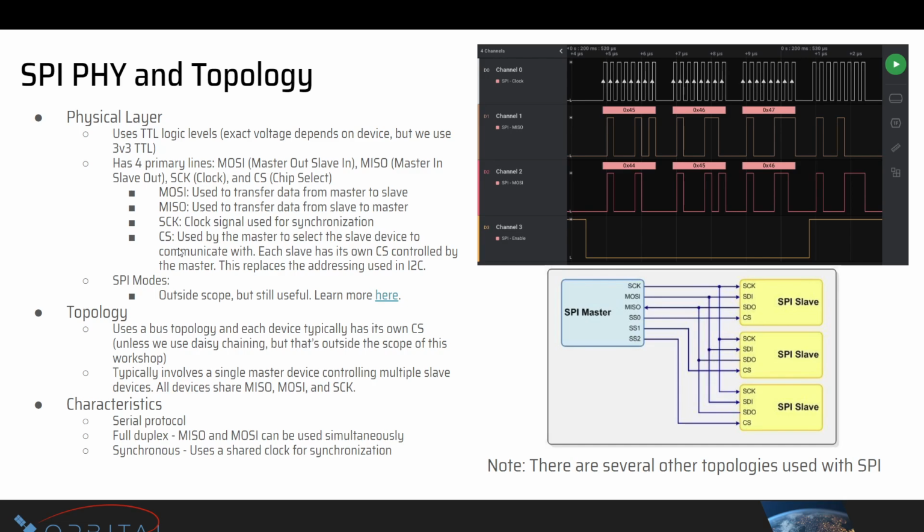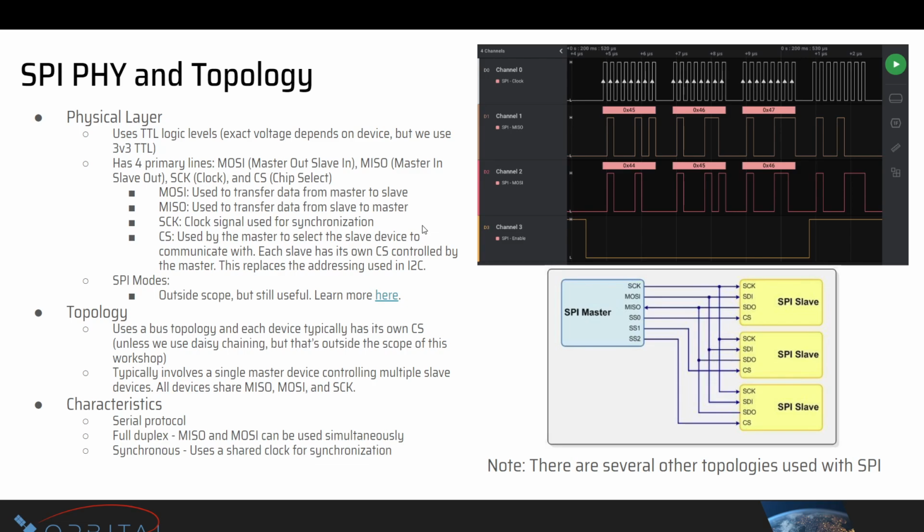And then chip select: since SPI doesn't have addressing like I2C, you have another wire which the master uses to say which slave device it's talking to. So each slave will have its own chip select, which is controlled by the master.